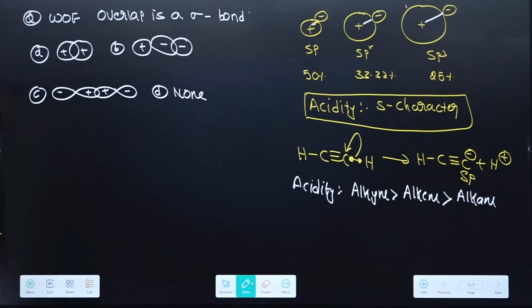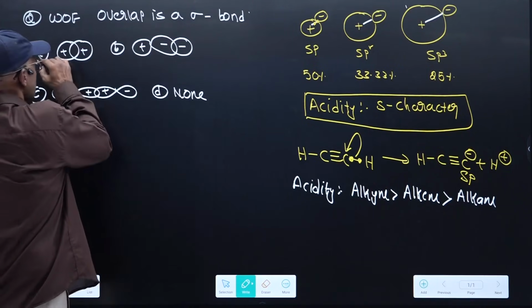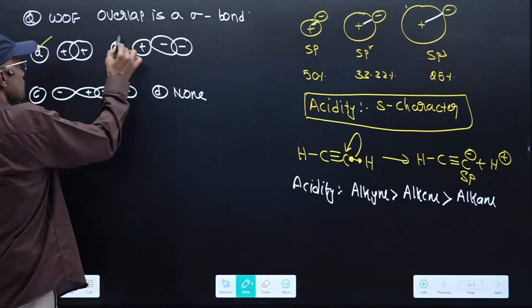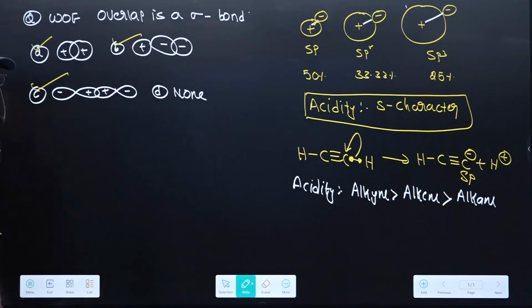Which of the following overlap is sigma bond? Which is sigma bond? This is sigma bond. Yes, it is also sigma bond. It is also sigma bond. All are sigma bonds only. Okay, all are sigma bonds.